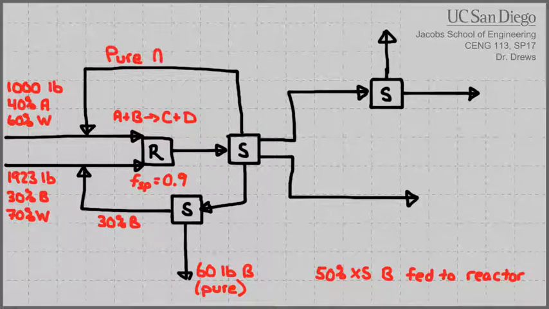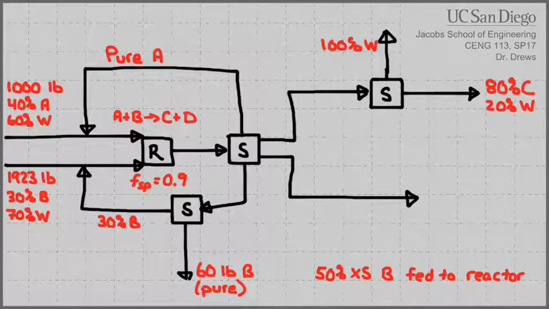The recycle that comes around up here is pure A. We have 100% water coming out this top stream. And out this first stream up here, we have 80% C and 20% water. Out of the product stream down here on the bottom, 20% species D and 80% water.